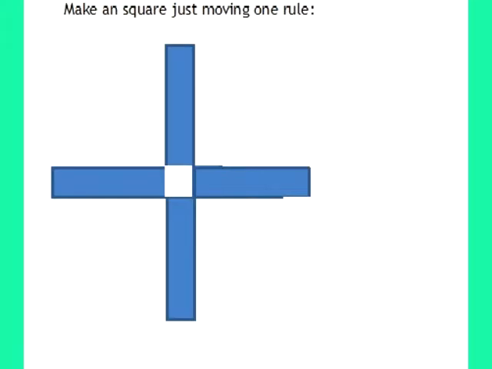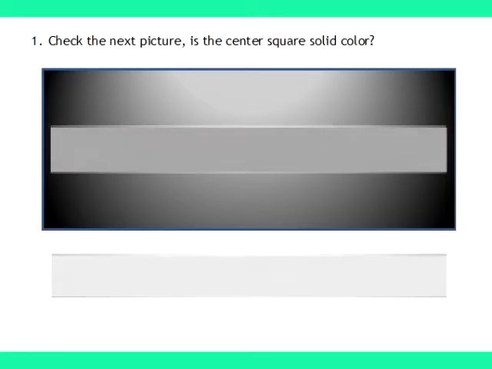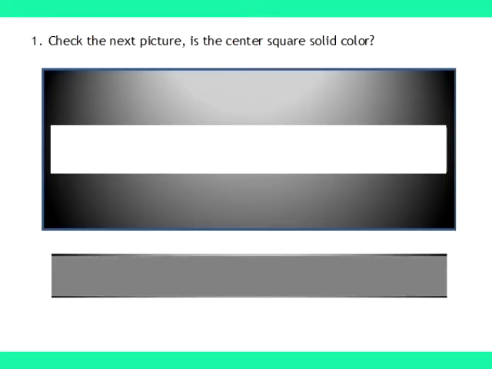Next exercise. Check the next picture and try to notice the center line. Is it a solid color or is it just the way you see it? Okay, check it right now. Do you notice the difference? How the background makes you feel, makes you see a little bit different.